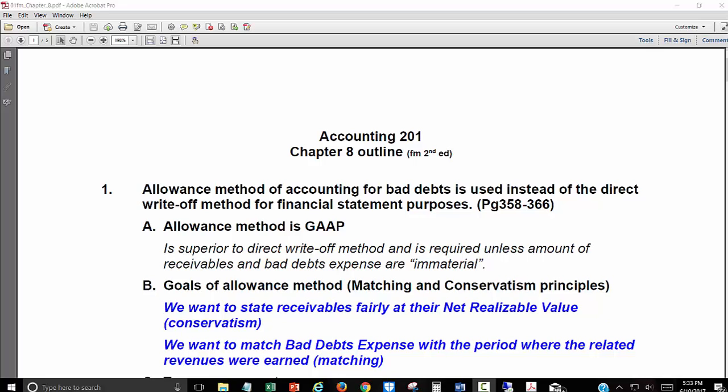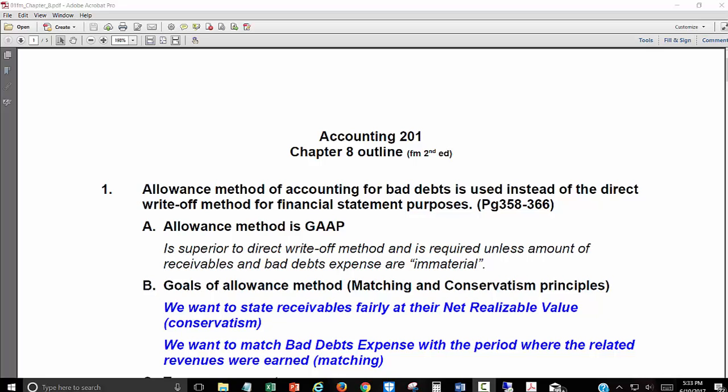This video will talk about Chapter 8 and accounting for accounts receivable and notes receivable. The generally accepted accounting principles approved method of dealing with accounts receivable is to use something called the allowance method of accounting for bad debts.